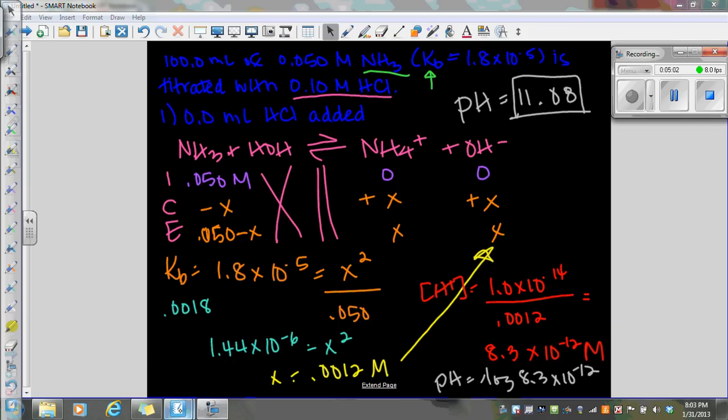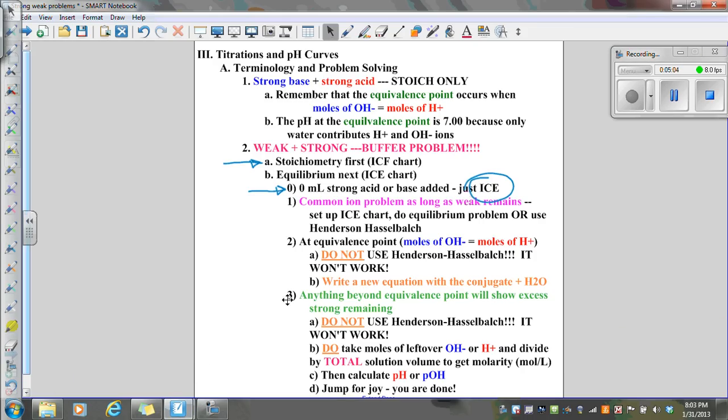Okay, so now we're going to add some strong acid. So I guess we can add 10 milliliters. So we want to look at our rules now. We are told that if we have weak plus strong, it is a buffer problem. We are going to do stoichiometry first, and then here it tells us that we have a common ion problem as long as some of the weak remains.